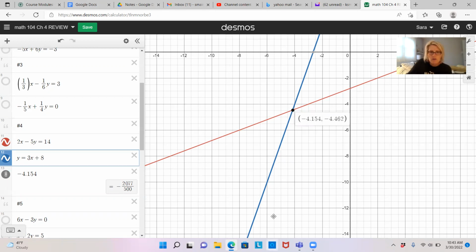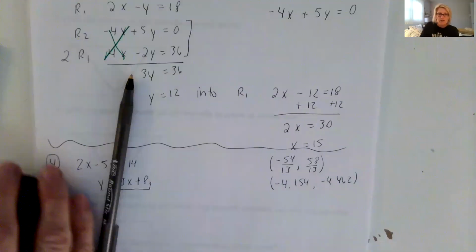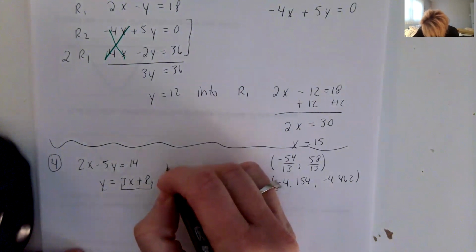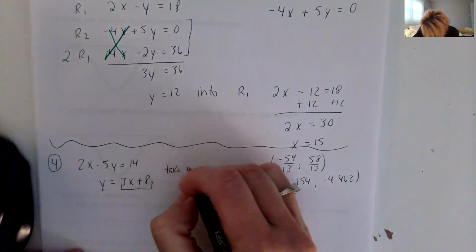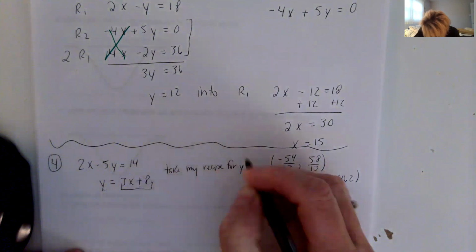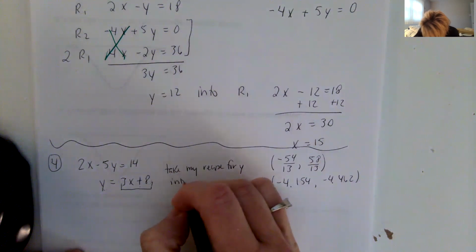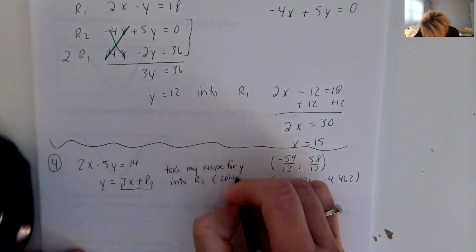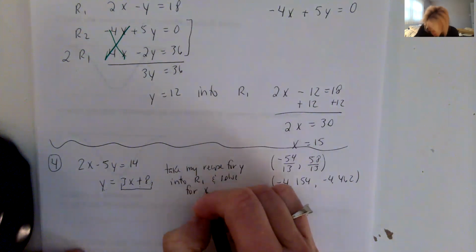Okay, so let's go back to our paper here. So I'm going to take my recipe for y and put it into row 1 and solve for x.